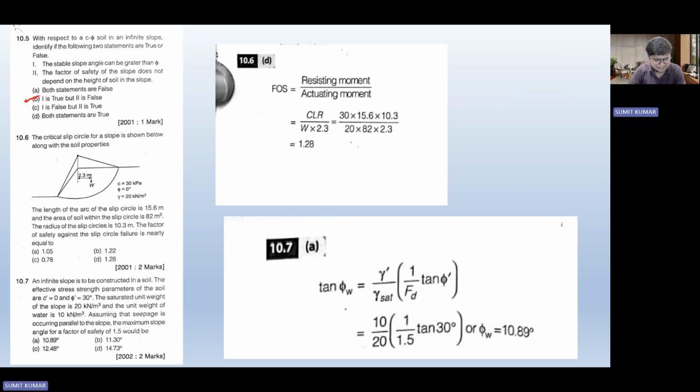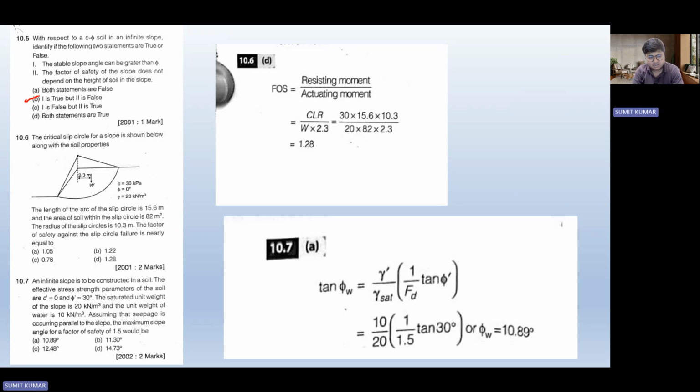The saturated unit weight of the slope is 20 kilonewton per meter cube. The unit weight of water is 10 kilonewton per meter cube. Assuming the seepage occurring parallel to the slope, the maximum slope angle for a factor of safety of 1.5 would be. So Fs is again mentioned.